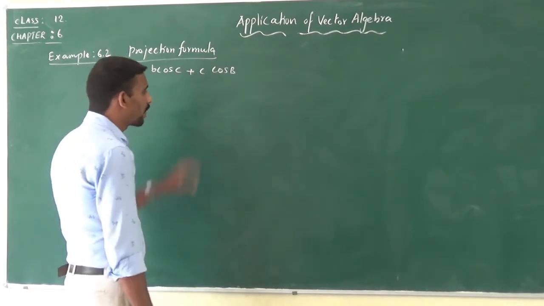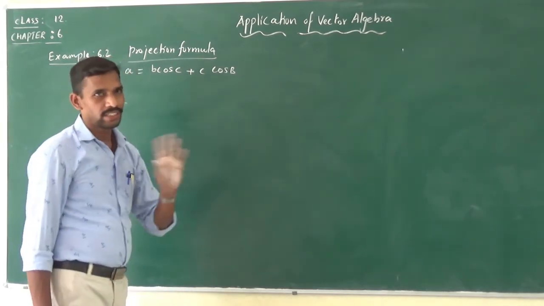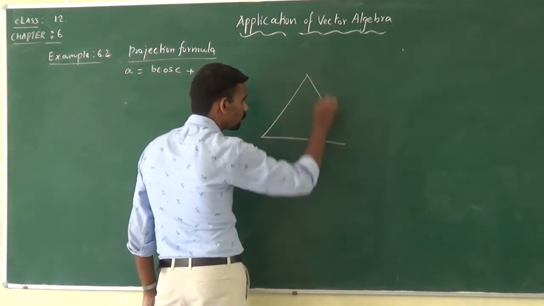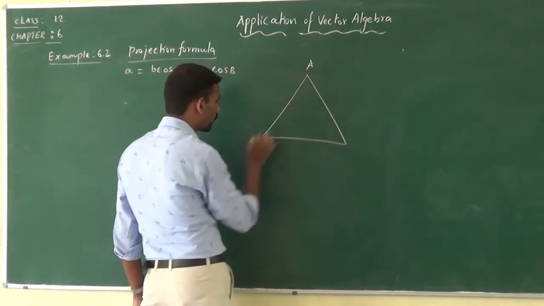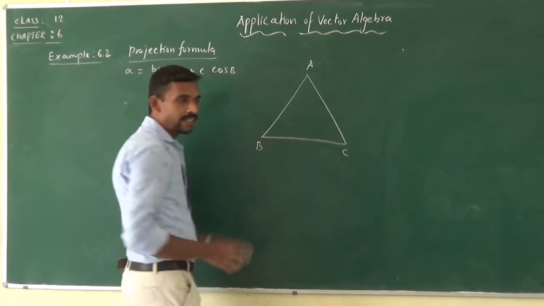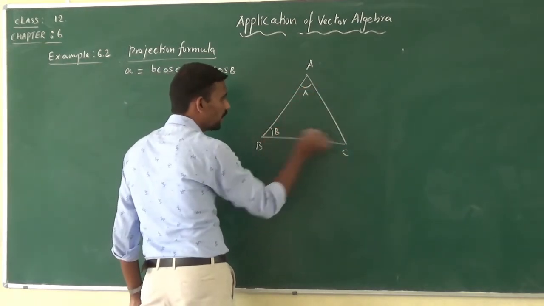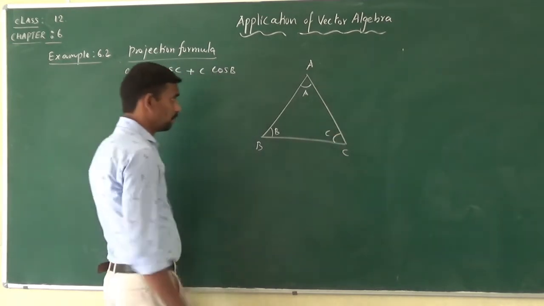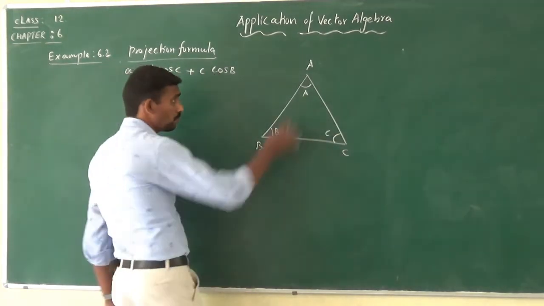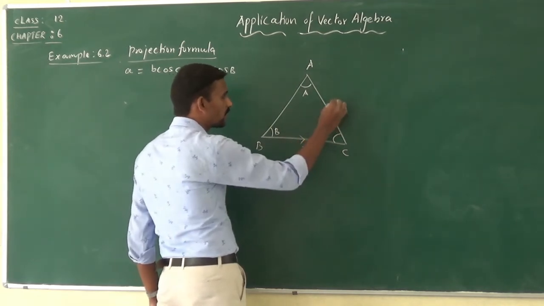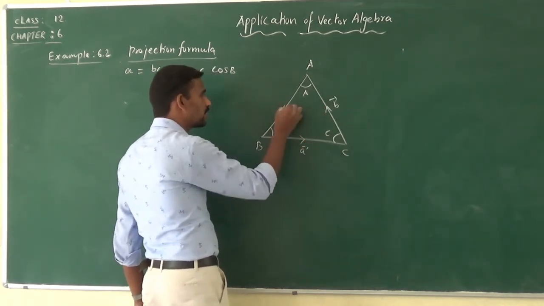The same way, one triangle is given, triangle ABC. Name the vertices A, B, C, and take the interior angles A, B and C. Now take the vectors: opposite the vertex A is the a vector, opposite B is the b vector, opposite C is the c vector.